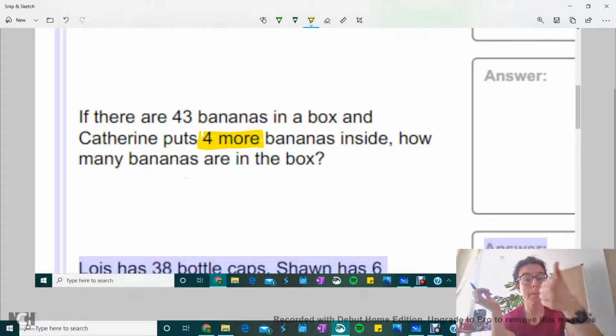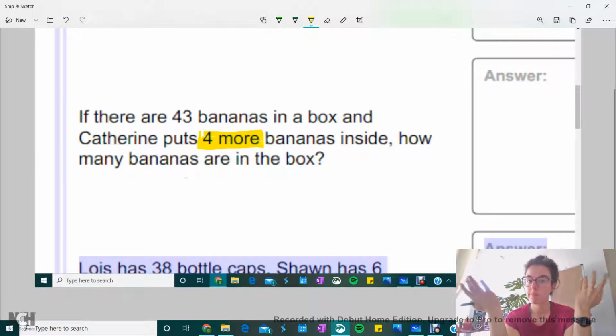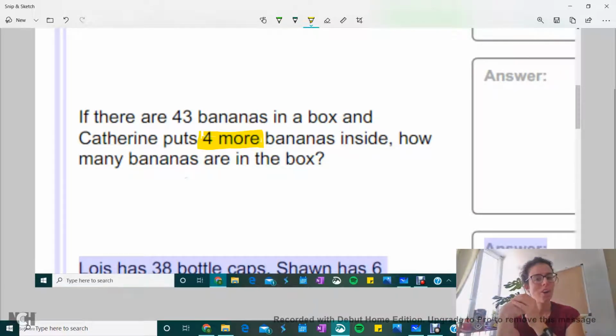Okay, so you can use a number line, you can put a number sentence, you can count on your fingers, but the important thing is you get the answer and then you write the sentence to answer the question. How many bananas are in the box? I'll give you 1 minute. All right?